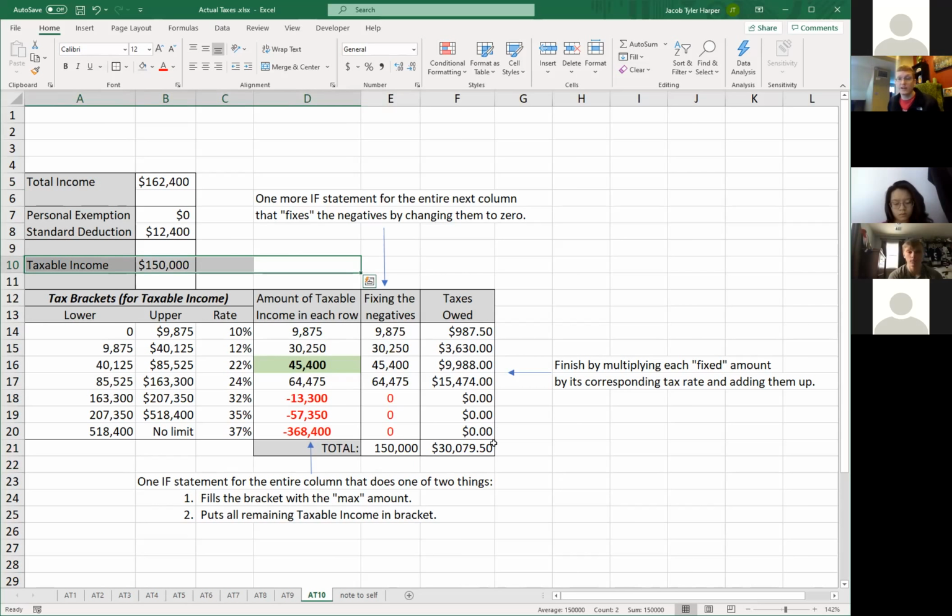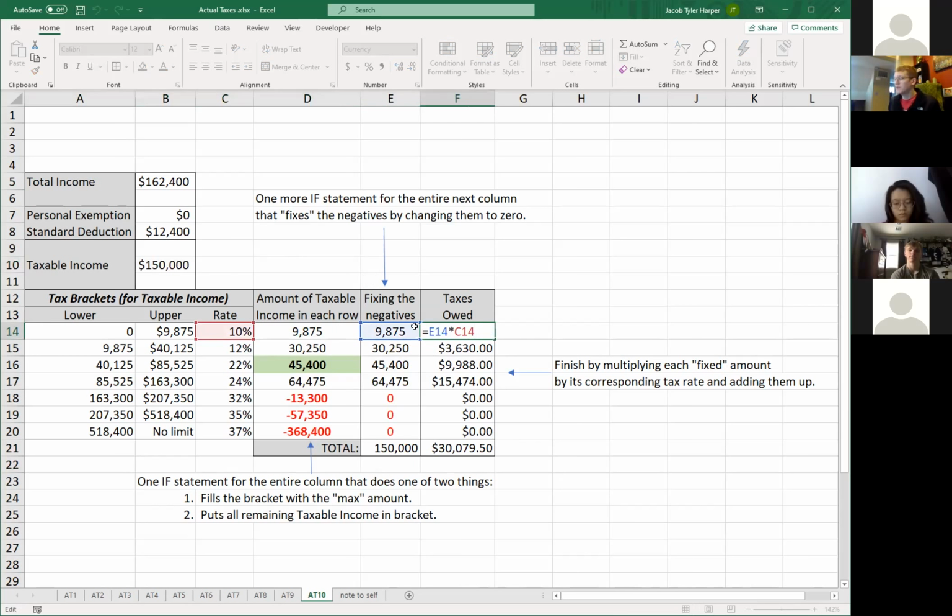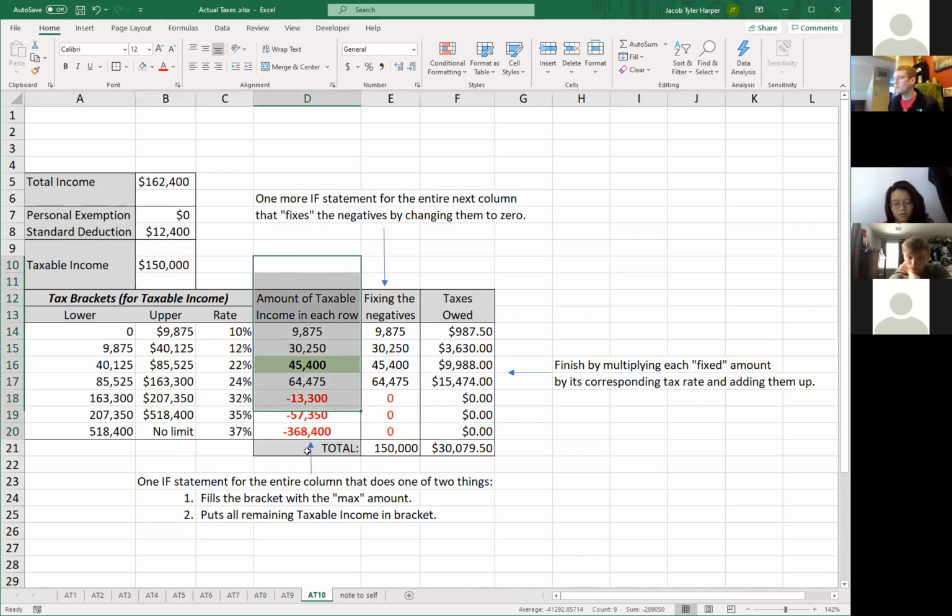And then finishing the calculator is extremely easy at this point. It's just like part two. You take this nice fixed amount, tell me what 10% of that is. What is 12% of this guy? So on and so forth. Add them up. There's your tax bill. But the hard part is this guy, and then just one more additional if statement that fixes that first one.